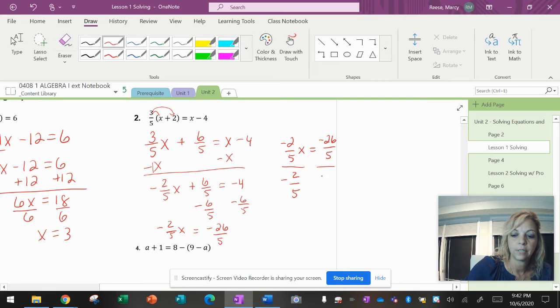And whatever I do to this side, I do to the other side. Now, again, just pop this in your calculator. It's going to take a little practice. You're going to do a fraction, hit divide by, type in another fraction, and hit enter. And it's actually going to be a pretty number of 13.